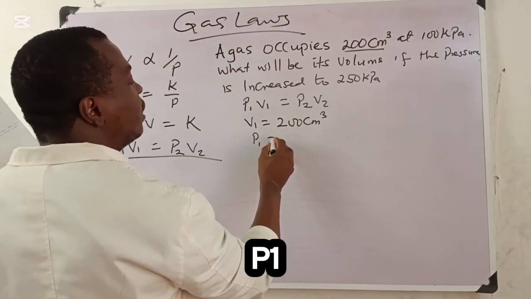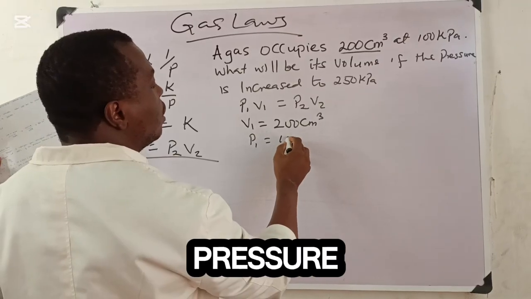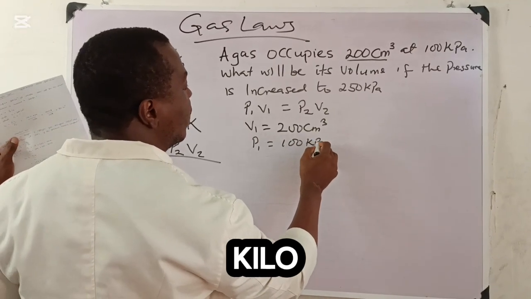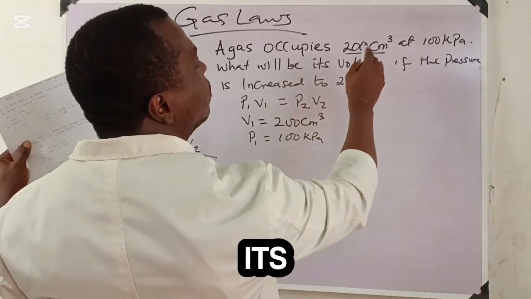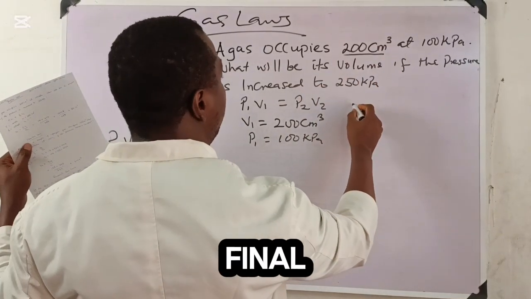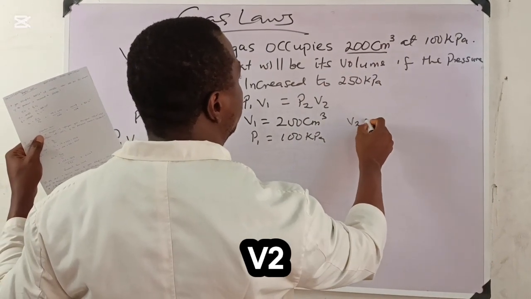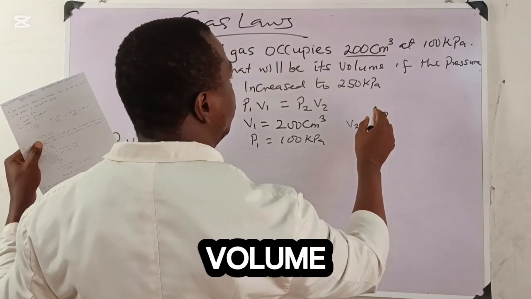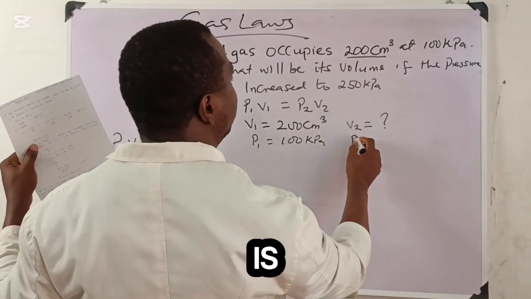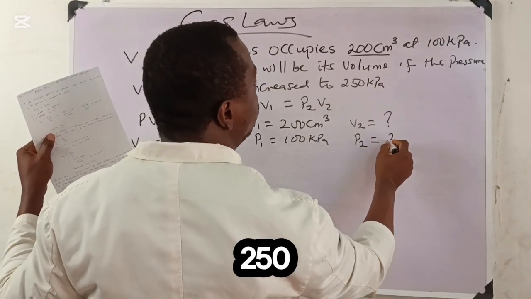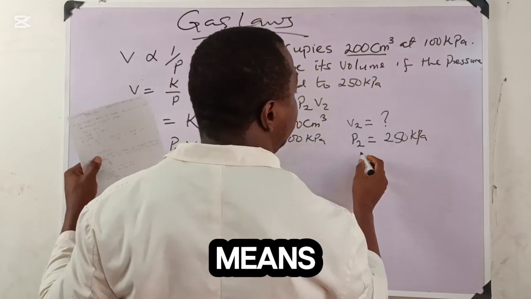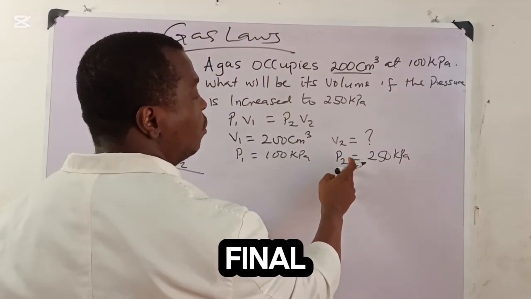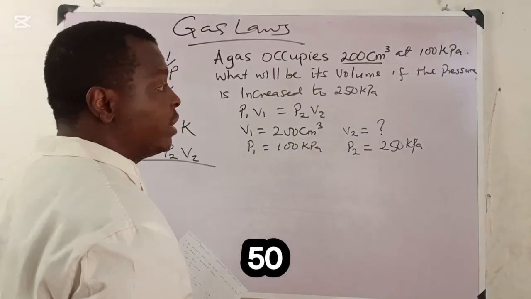So our P1 here, which is the initial pressure, is 100 kilopascal. Now, the question is, what will be its volume? This volume is the final volume, which is V2. What will be this volume if the pressure is increased to 250 kilopascal? So that means the P2 here, the final pressure, is 250 kilopascal.